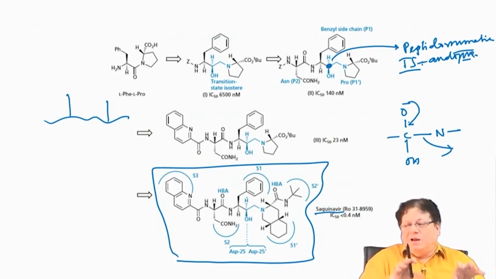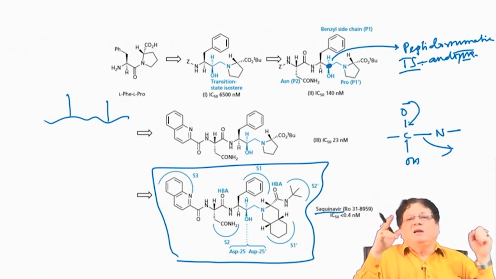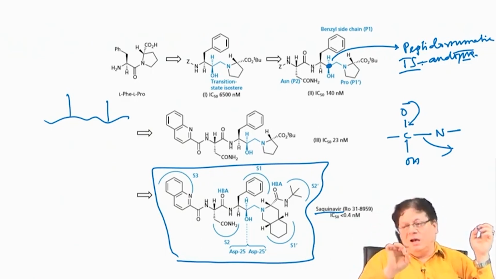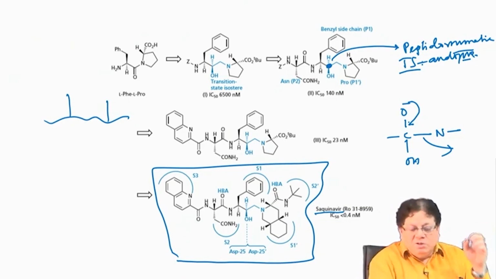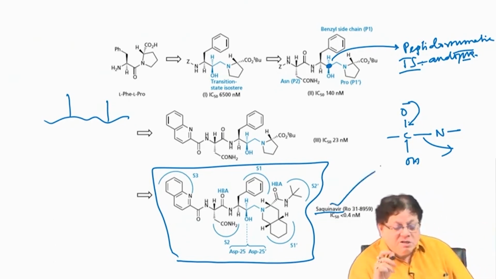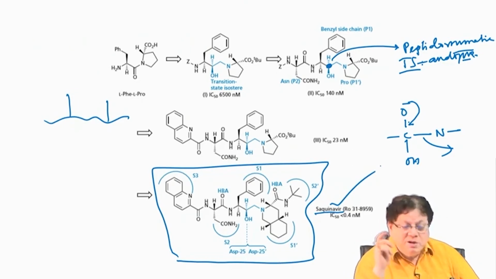So, it starts from there and slowly elaborated that. Only thing you have to remember is that it has to use a transition state analog, you cannot use a peptide bond. So, that crucial peptide bond you have to replace by what is called a peptidomimetic. Okay. So, this is the first drug that was the HIV protease inhibitor.